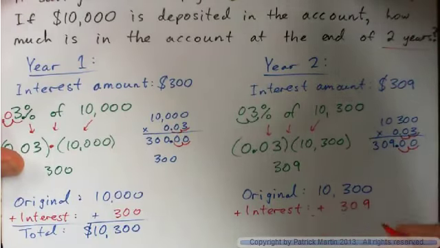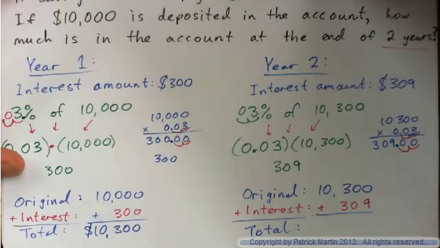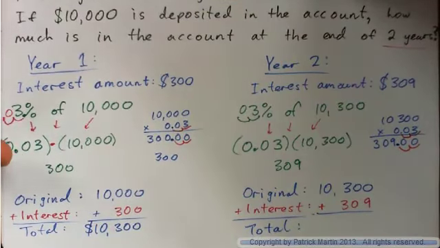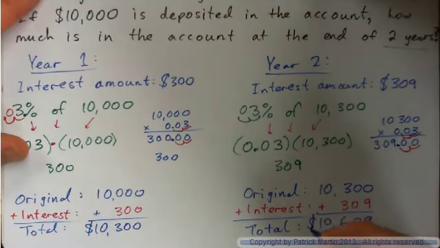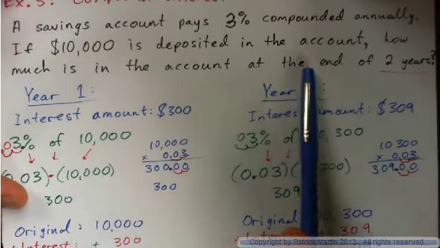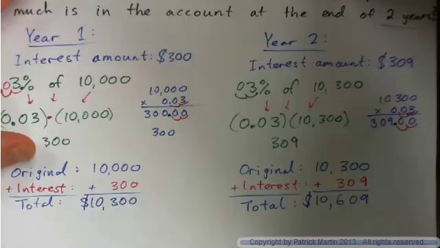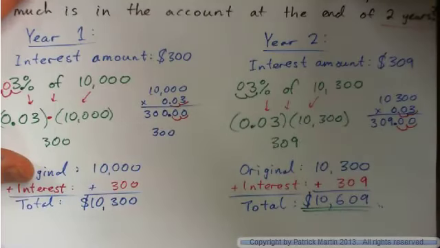So we're going to add that on, and that gives us the total at the end of year 2. What does that make? 9, 0, 6, 10. So the answer to how much is in the account at the end of 2 years is $10,609.